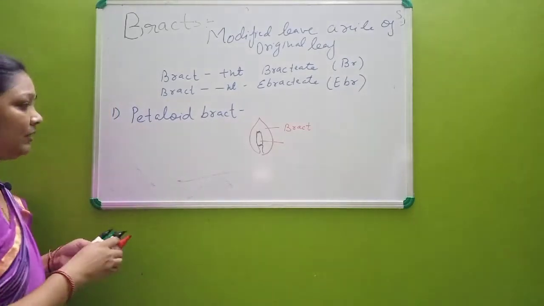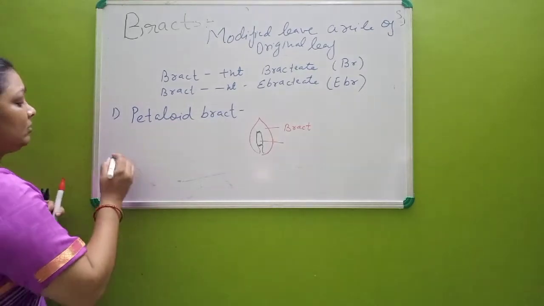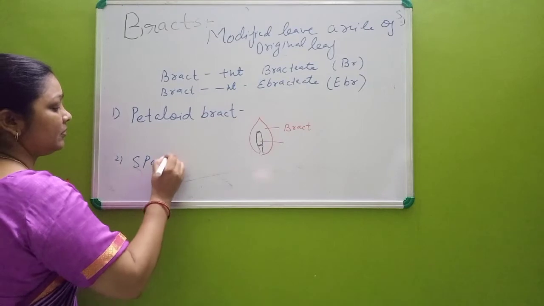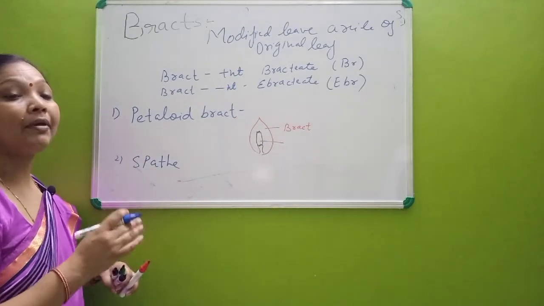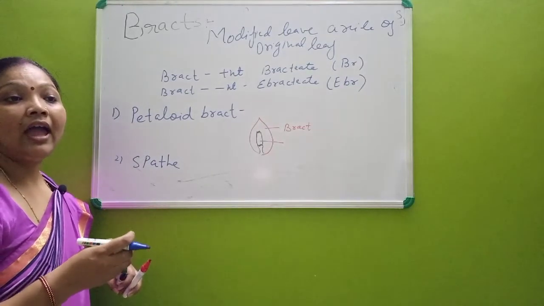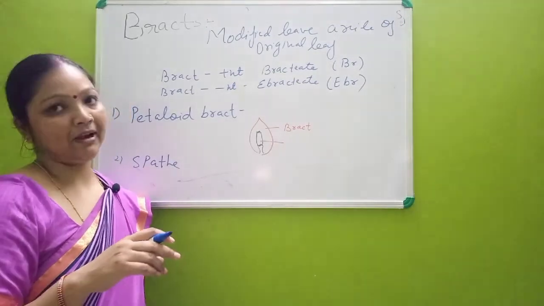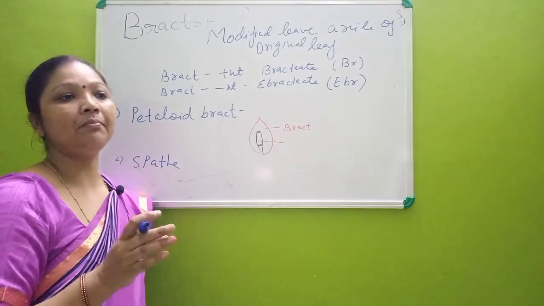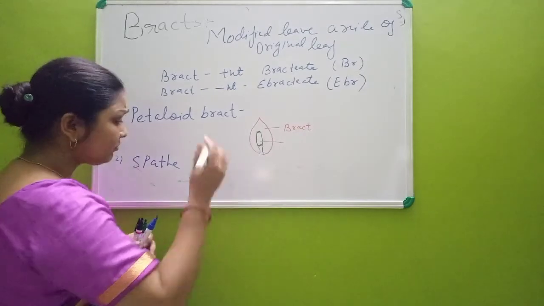Now the second type of modification of bract is the spathe. It is also a brightly colored structure, found in the spadix inflorescence, which we will study in inflorescence, and that type of inflorescence is found in maize or banana.